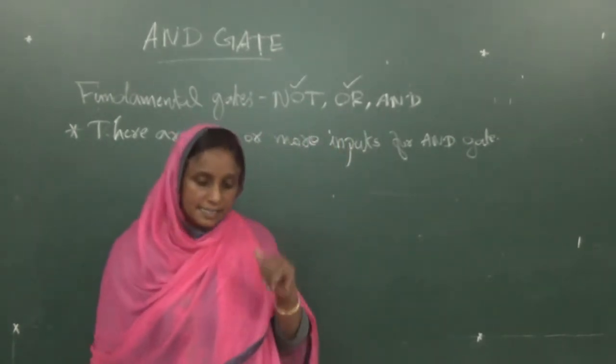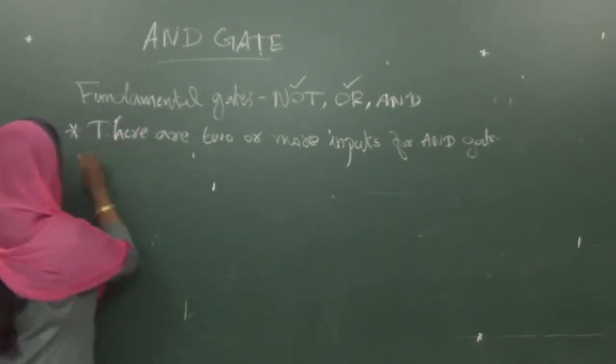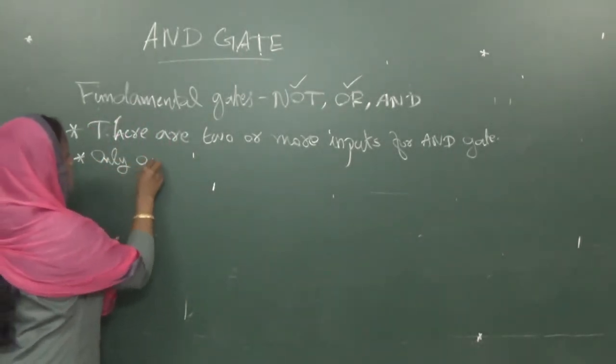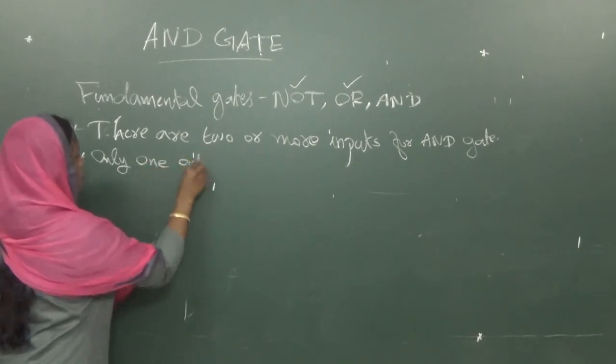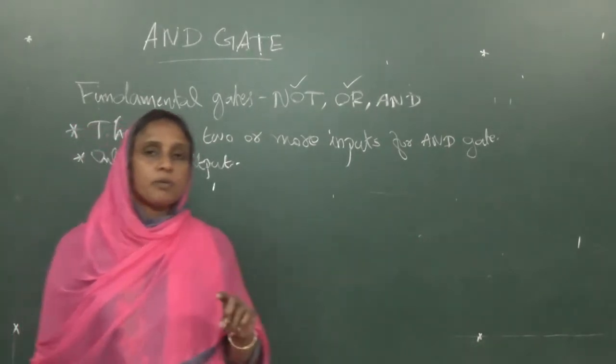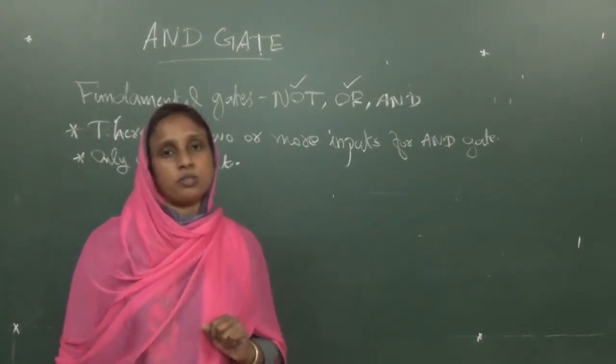The next thing is it has only one output. Minimum there are two inputs for an AND gate and only one output.